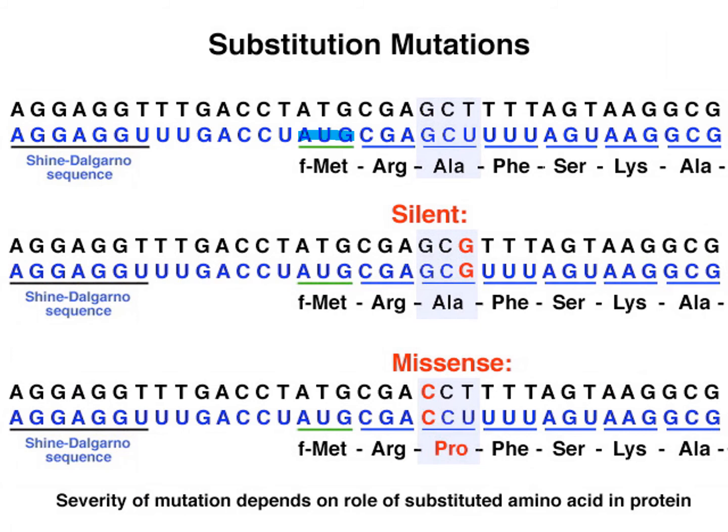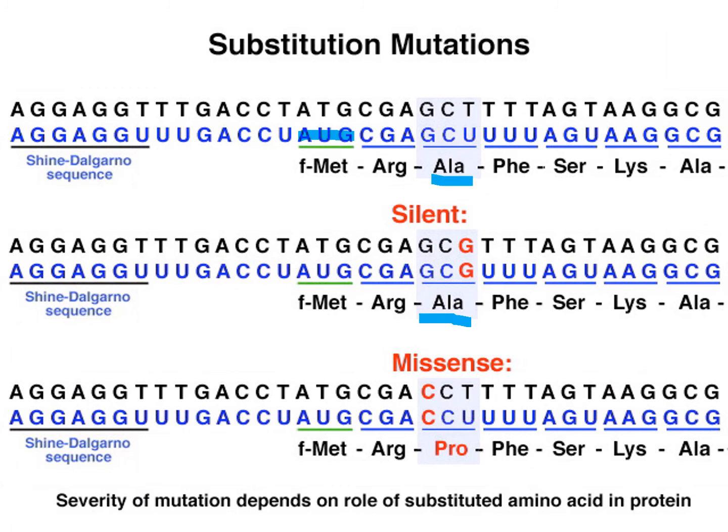Here we have a substitution, and that substitution is a G here, and this also is read as alanine. So this substitution mutation is silent because the protein is not affected by that substitution in the codon. We still get the same amino acid as in the normal polypeptide.